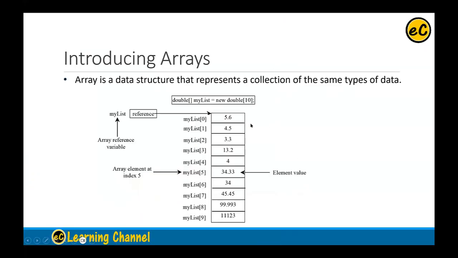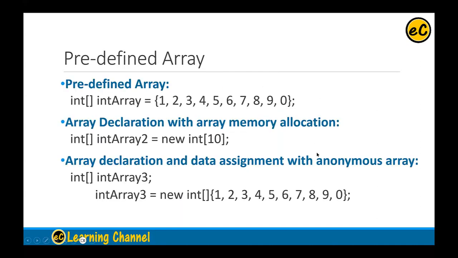So array definition is you declare a left-hand side array reference, right-hand side new an object in the heap, and the reference stores the starting address of the array, okay? So if you do predefined arrays, int array, but remember if you declare an integer array A, and then later you do A equals, then you cannot do 1, 2, 3.